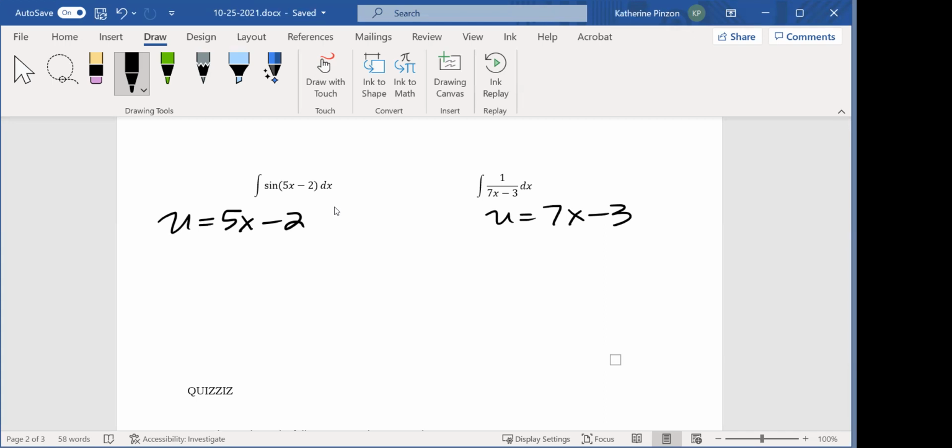Okay, what's the derivative of 5x minus 2? 5 dx. Okay, so this guy needs a 5 in there. If I stick a 5 in there, what do I have to put at the front? A 1/5. So I have 1/5 sine of u du.